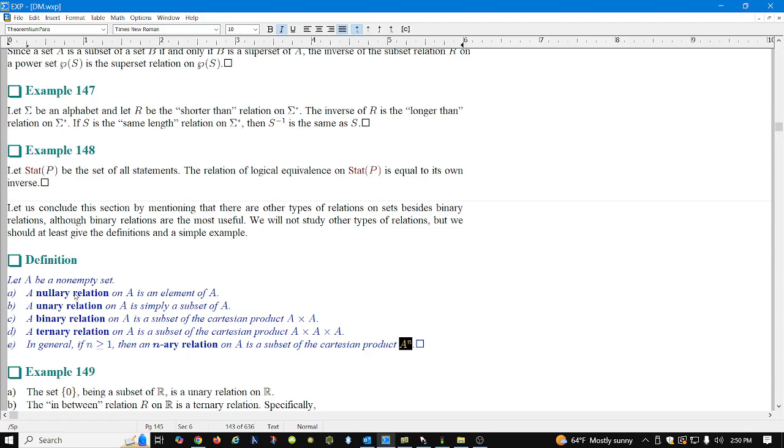You have a consistent terminology if you use nullary, unary, and binary relations. So it's convenient, elegant, but by no means necessary.